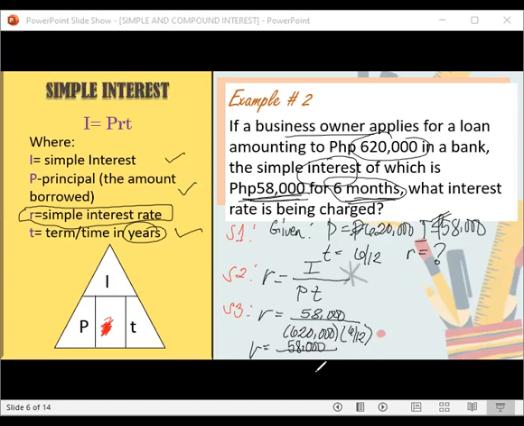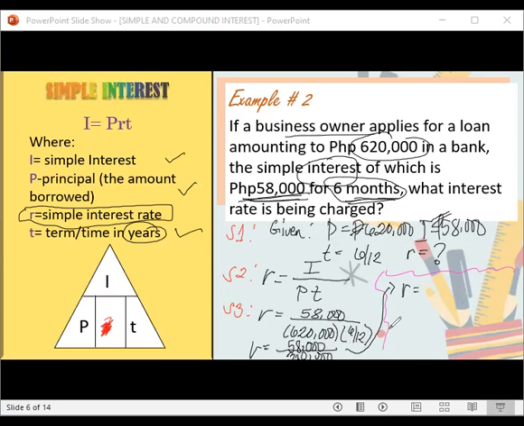The answer is 310,000 pesos. Now, ang susunod niyan ay pwede na nating i-divide. So, our rate is equal to 58,000 divided by 310,000.